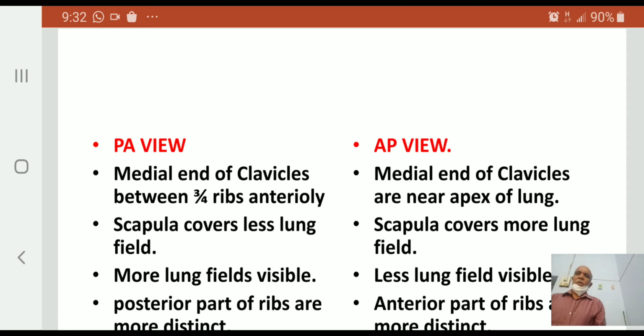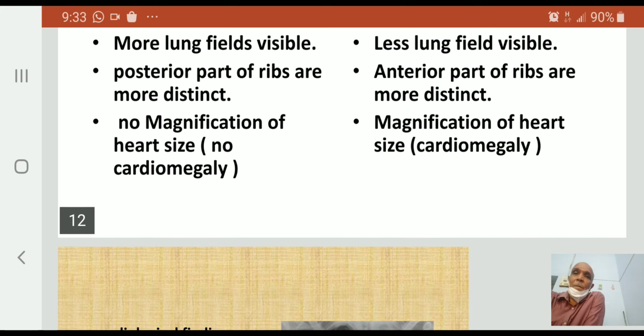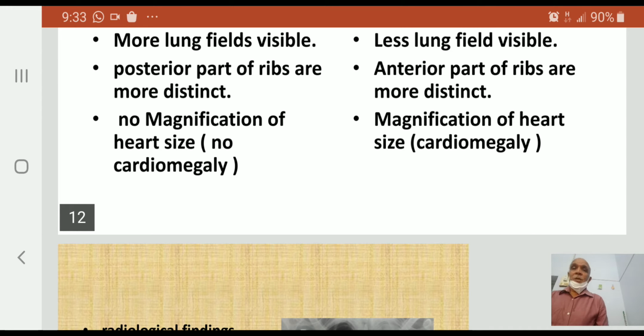In the PA view, the scapula is far away from the vertebral column, so we see more lung field. In the AP view, the scapula is near the vertebral column, so we see less lung field. The posterior part of the ribs is more visible in the PA view. In the AP view, the anterior part of the ribs is more visible.